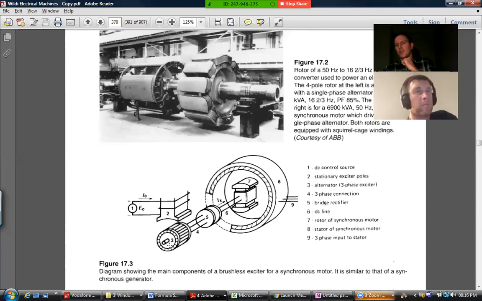That of course induces the current which feeds this, and there's the I squared R loss in here. But you can see in this case, it's not coming from the grid directly.